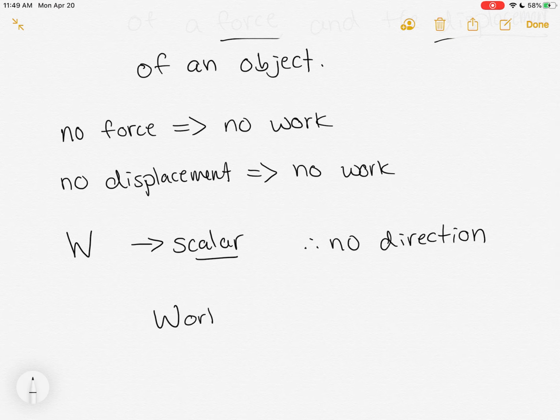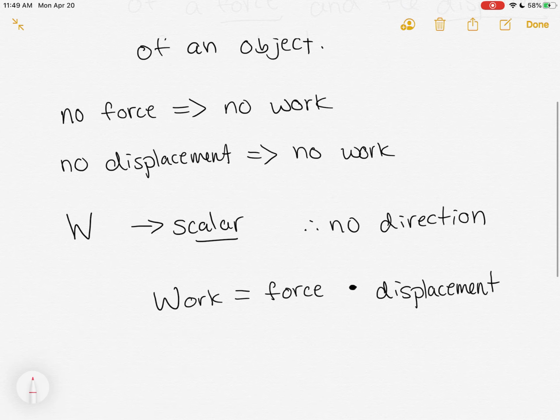Okay. Our formula for work. So work is actually equal to our force and then something called a dot product, which we're going to talk about, times our displacement. Now I just want you to remember that force and displacement are both vectors.